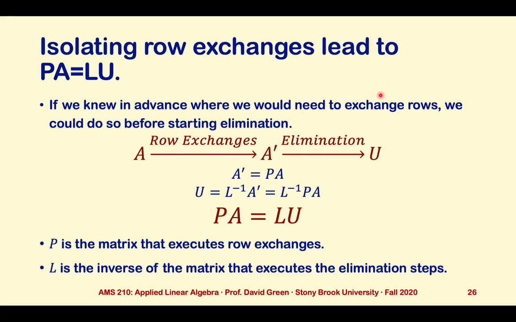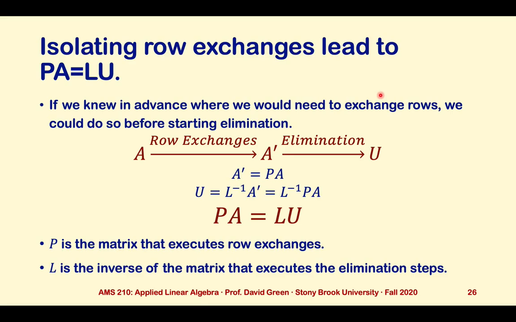That's not what we do when we're applying Gaussian elimination, what we have been doing so far. What we've been doing is starting in the upper left-hand corner, eliminating, moving down and to the right, down and to the right, and if we need a row exchange, we do it and then continue.